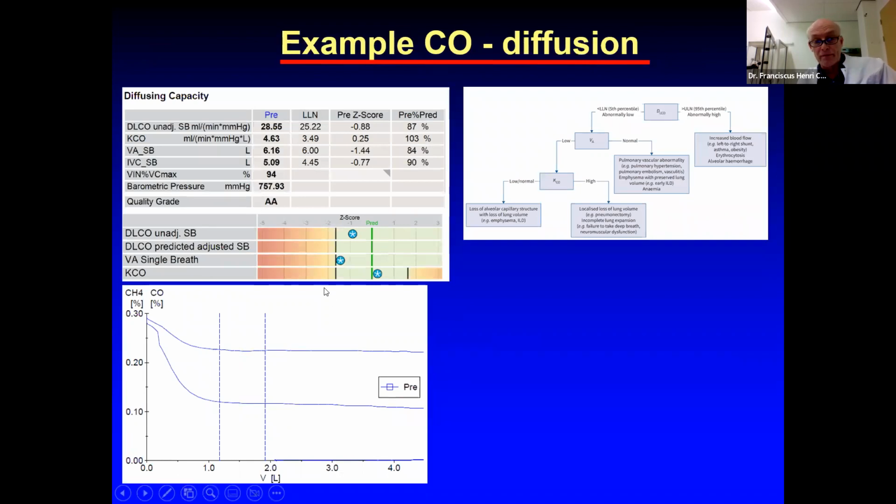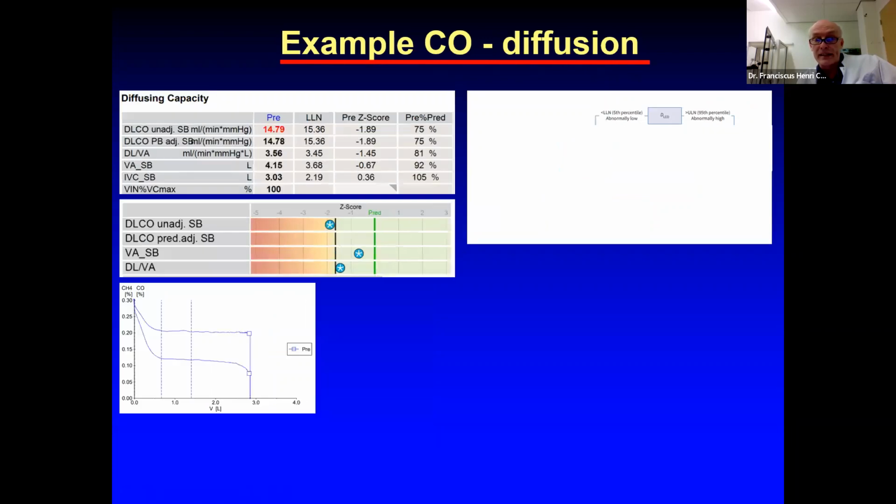Again, an example here in which you can see all the blue dots are in the normal range. So we end up with a DLCO, which in this case was yet unadjusted for, for instance, the hemoglobin, which is normal. But be aware that if you have something which is unadjusted, it can make a huge difference if the hemoglobin is disturbed.